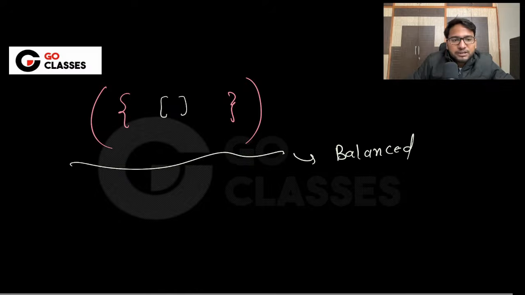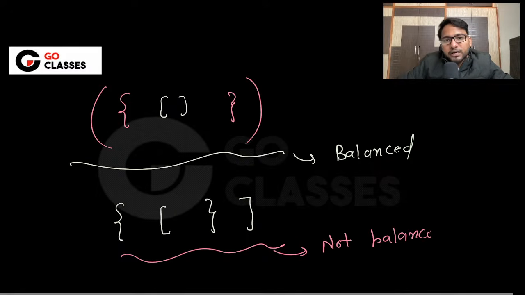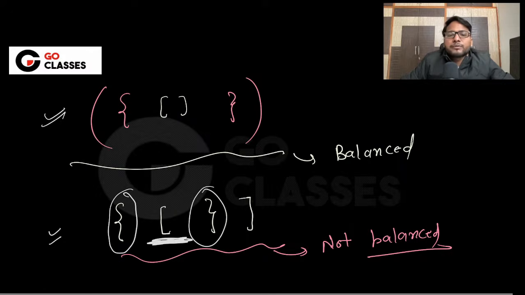Tell me, is this also balanced? Not balanced, right? So just see here that this is balanced, but this is not, because if this is starting and this is ending, in between this should be balanced only. Since this is not balanced, ultimately it is not balanced.